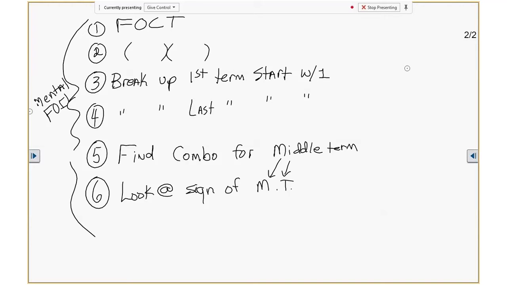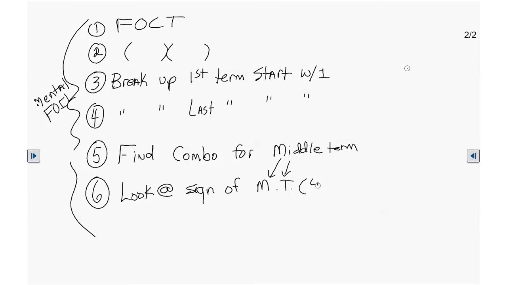Do you add them, divide them, subtract them, or multiply them to find the middle term? So the largest number carries the sign. So remember that. Middle term, put in parentheses: largest number carries the sign.